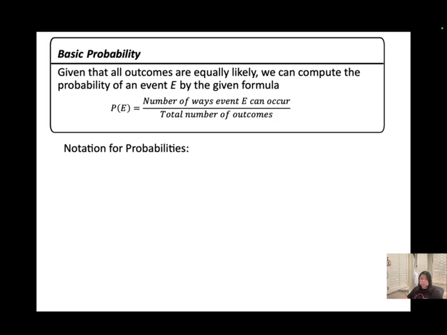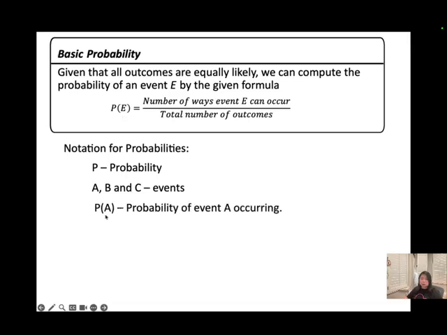Now, let's look at the notation for probabilities. We use P to stand for probability. And then you can let any event be A or B or C or even E. So when I write P of A, this is talking about the probability of event A occurring.